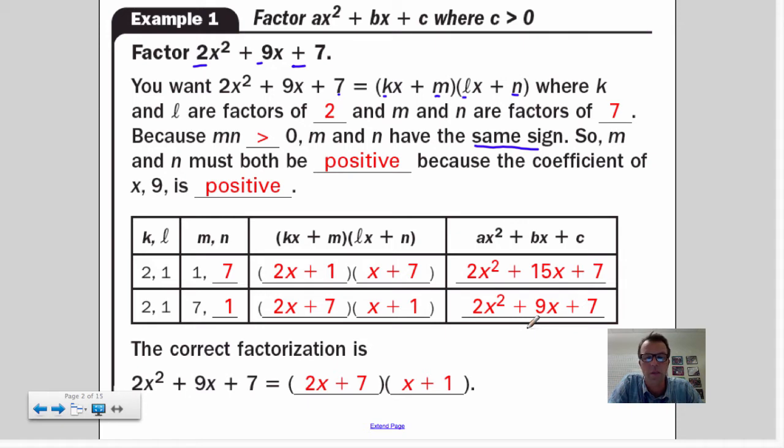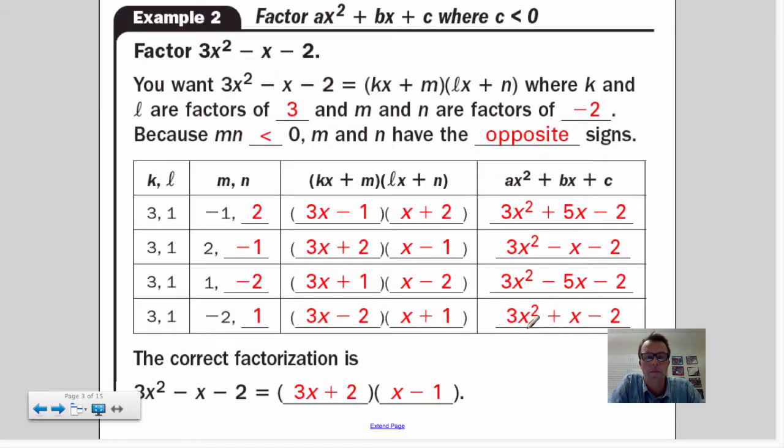Let's look at another example. So this example 2, this is where c is now less than 0. So this is negative. And to get two numbers to multiply together and get a negative, you have to have one positive and one negative. Basically you have to have opposite signs.